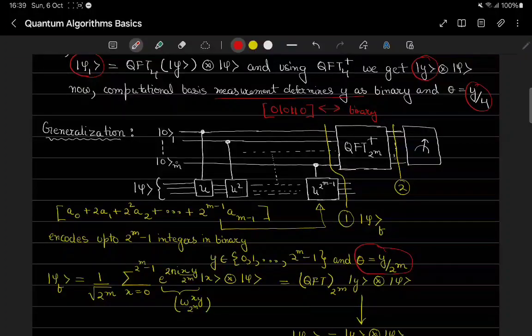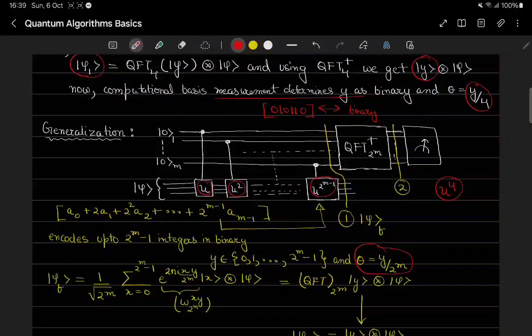This can be done by taking m qubits and then applying the controlled unitary operation in this particular fashion. The first qubit gets a U, the second one gets a U square, and the mth one will get U power 2 power m minus 1. So if m is 3, then 3 minus 1 is 2, so it is U power 4 for the third one.